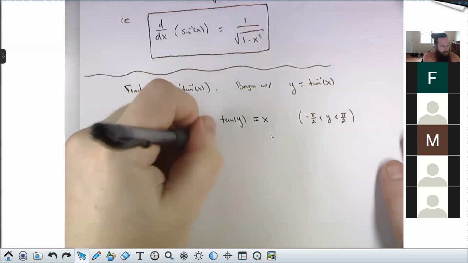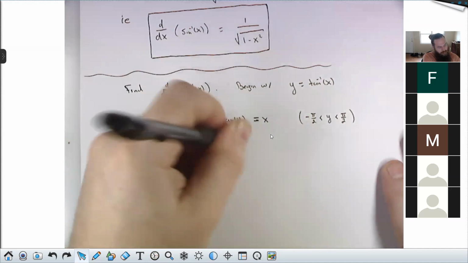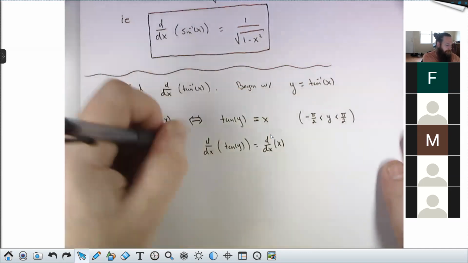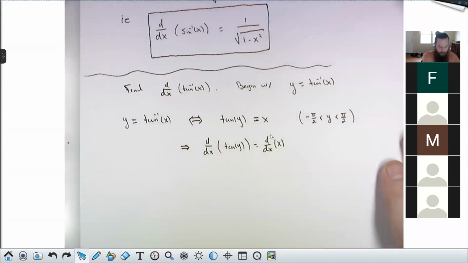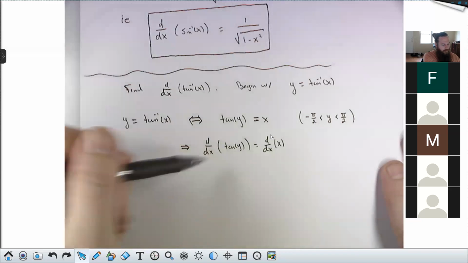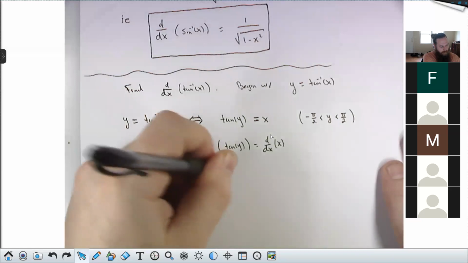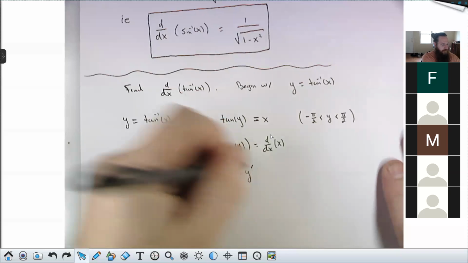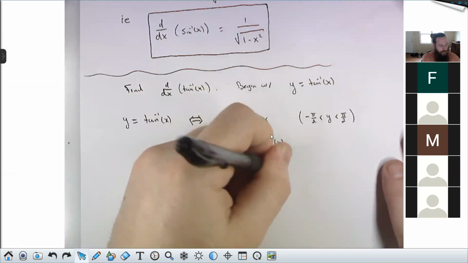And now we can differentiate on both sides. The derivative of the tangent function is secant squared. So when I differentiate on the left-hand side using the chain rule, I get secant squared of y for the derivative of the outer, and then I multiply by the derivative of the inner, that's y prime. On the right-hand side, the derivative of x is just 1.